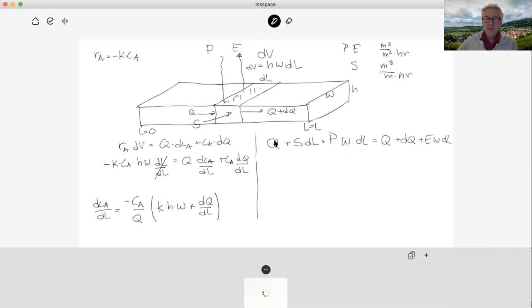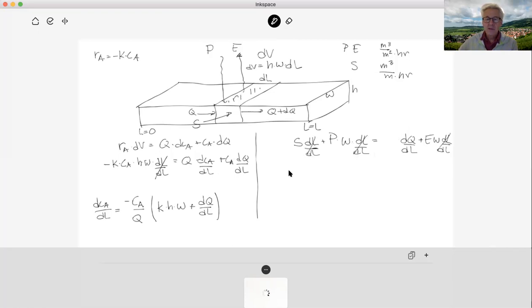So the next step will be to cancel out that and that, get rid of those. And then we divide every term by dl. Of course, these will just be ones.